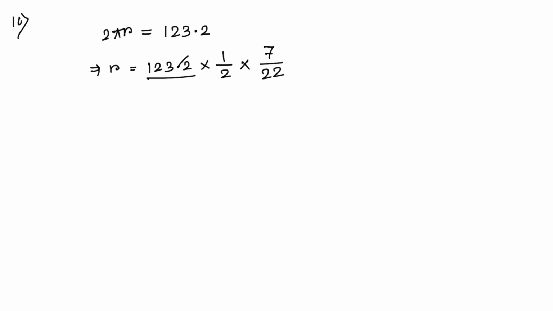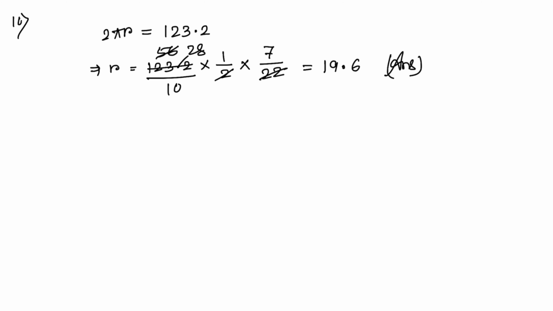Now you can write this as divided by 10. So 1232 divided by 22 becomes 56. Then divide 56 by 2, it becomes 28. So 28 into 7 is 196. That means 19.6. Okay, 19.6 is the radius. That is your first answer.